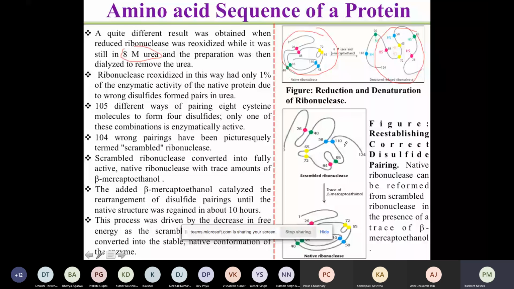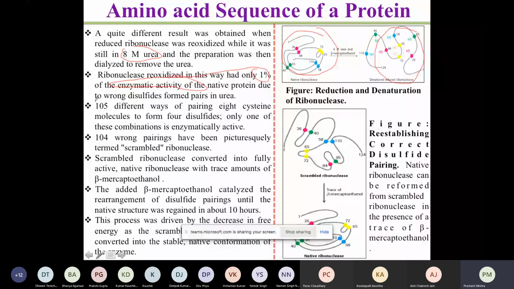So some of the disulfide bonds that were formed were not those of the original native protein. Ribonuclease oxidized in this way had only 1% of enzymatic activity. That means the structure which was formed was not the native structure. It was a slightly different structure.